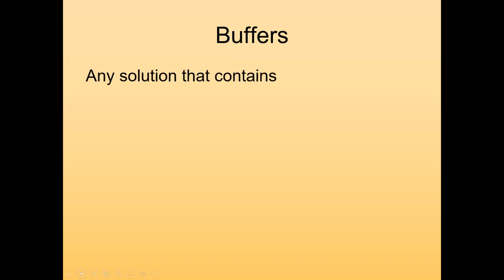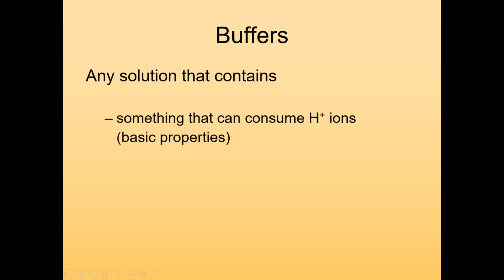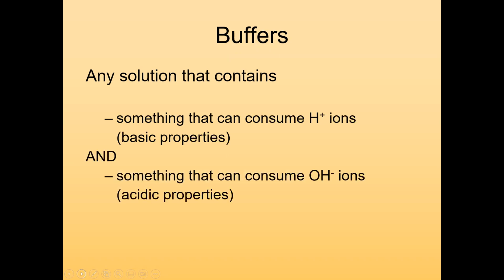So we said for something to be considered a buffer, it is any solution that contains something that can consume hydrogen ions, so something with basic properties, and something that can consume hydroxide ions, so something that is acidic. It has to have both.